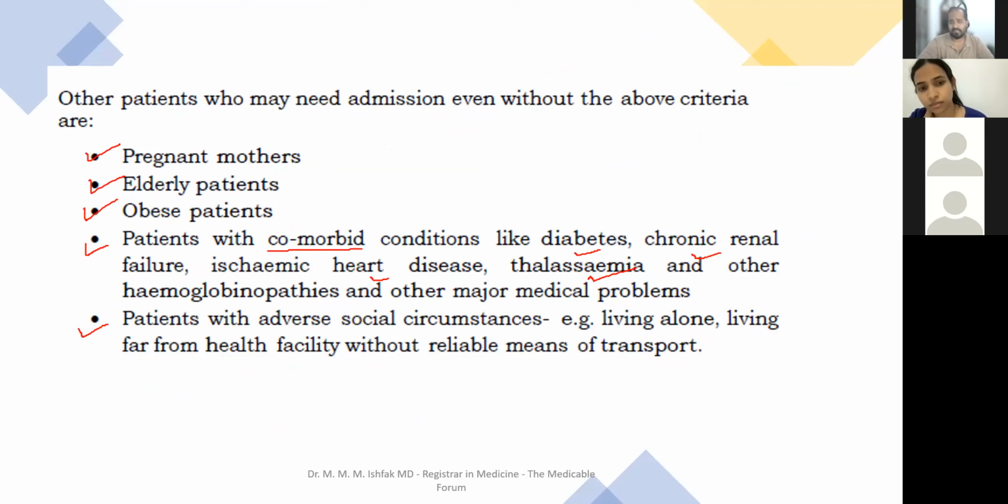So these patients, even if they don't have warning signs, admit them, right?